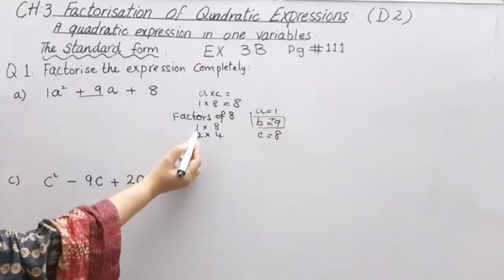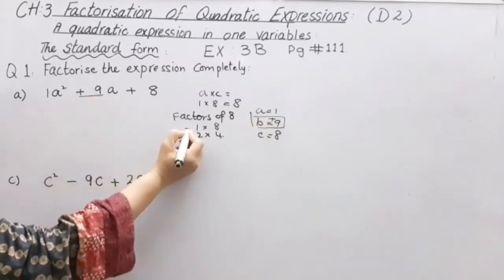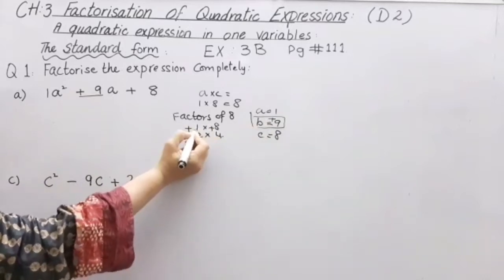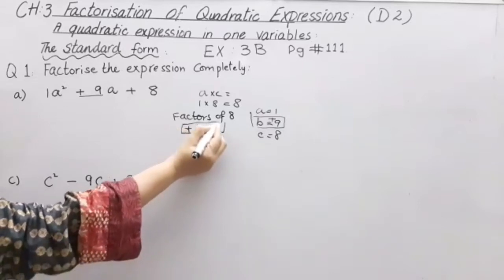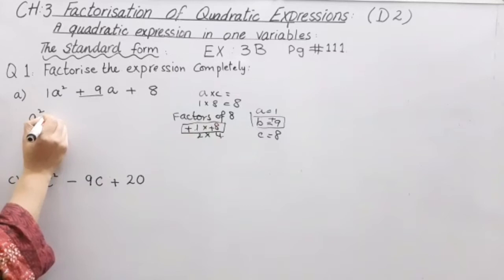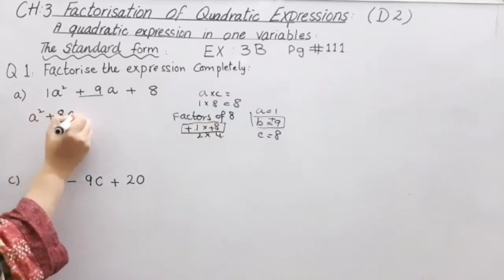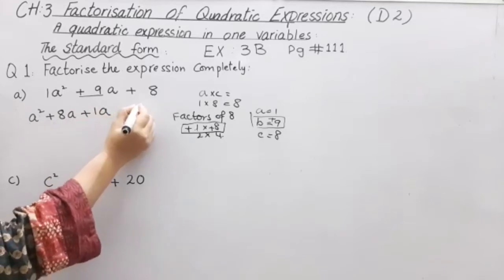Conclusion: we take 1 and 8, the sign is positive, so plus 1 and plus 8 is equal to plus 9. So we take this one, and we can write a squared plus 8a plus 1a plus 8.